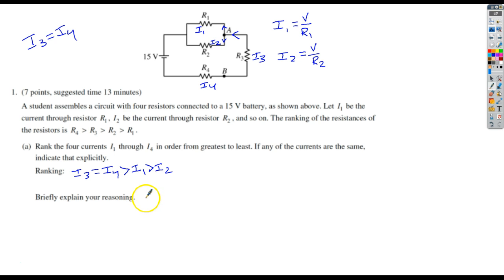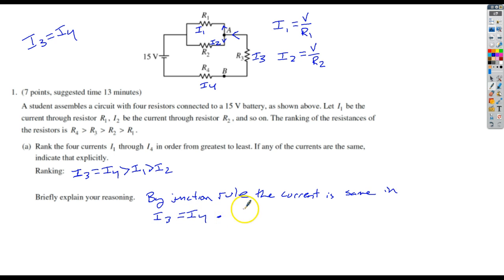So the best thing to do here is kind of talk through what I just did and write all that down. So in order to say this, we know first off that the current here is the same. So we can say by the junction rule, the current is the same in I3, which is equal to I4.